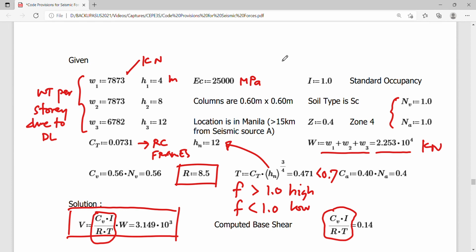Okay, so the whipping force. Sorry, baligtad. If the frequency of the building is high, then your period is low and therefore the whipping effect is not considered. So this is now Ft, which is more or less equivalent to 0 here.